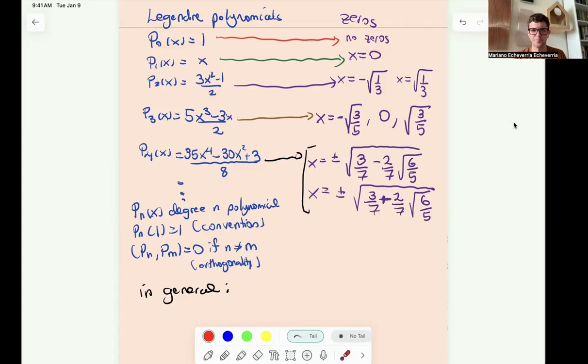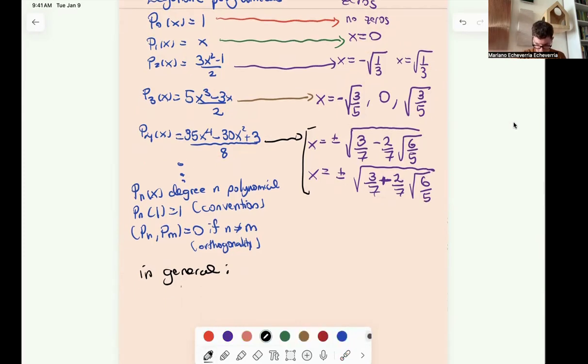This was degree one. It had one root. Let's call them roots. This one had degree two and it had two roots. This one had degree three and three roots. This one had degree four and four roots. So in general, the degree n Legendre polynomial will have n distinct roots.